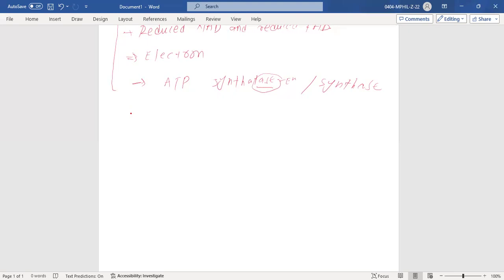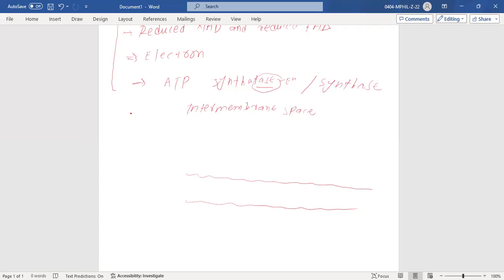So we can draw here. This is a crystal membrane or Christie, and there will be an intermembrane space here. Right now you just consider it a crystal membrane.